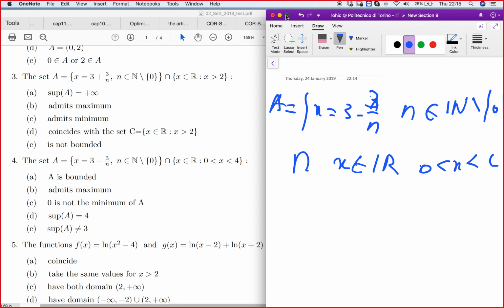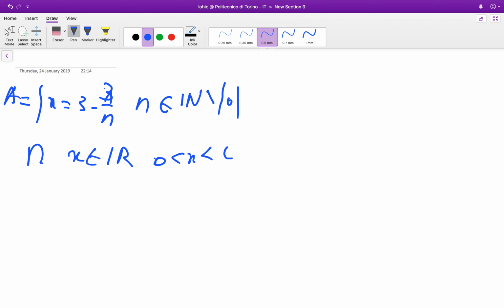Let's try to understand first the structure of A. This part here, let's say that it is easy, right? In the sense that x belonging to R and x in this interval, this is just the interval from 0 to 4, open.